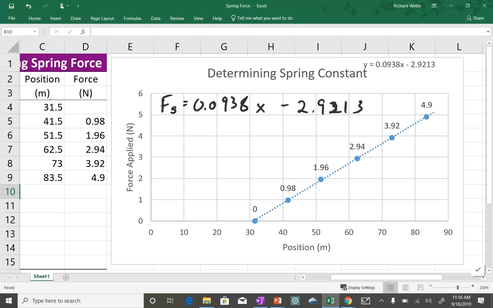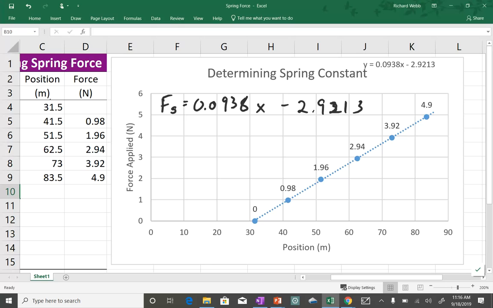There's importance to this, that minus 2.9213. That would be how much I would have to compress this to make the bottom of the spring be at the top of my meter stick, right? Because that's just based on how we had our meter stick arranged. If I had the meter stick sitting up on a block, that number would have changed.